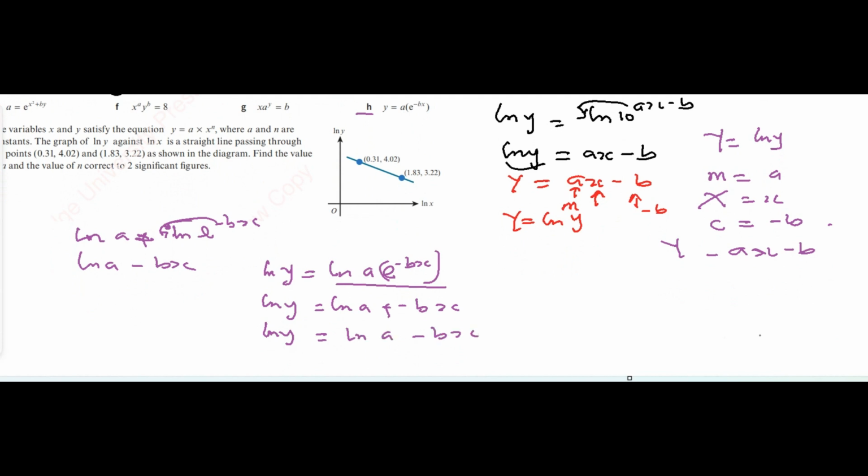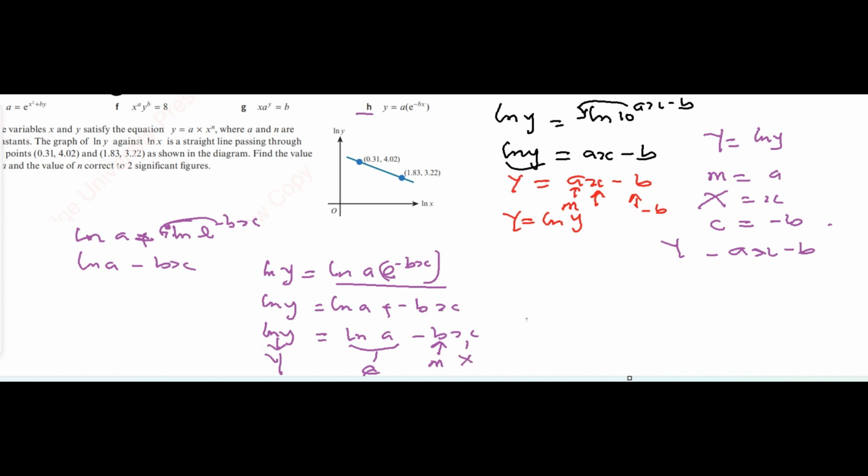I can change this guy to my capital letter Y and x still remains x. This will be my c, which is constant c, and this will be my gradient m, and my x still remains my x.